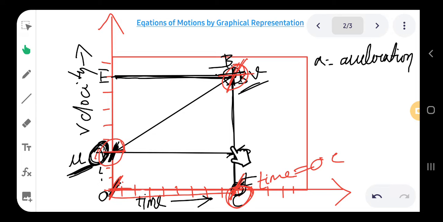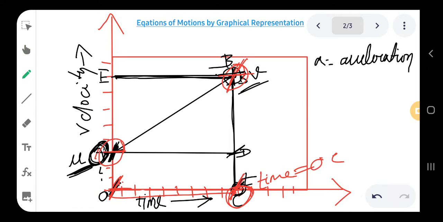We want the length of BD. So if from BC I subtract DC, will I get BD? Yes, I'll get it.